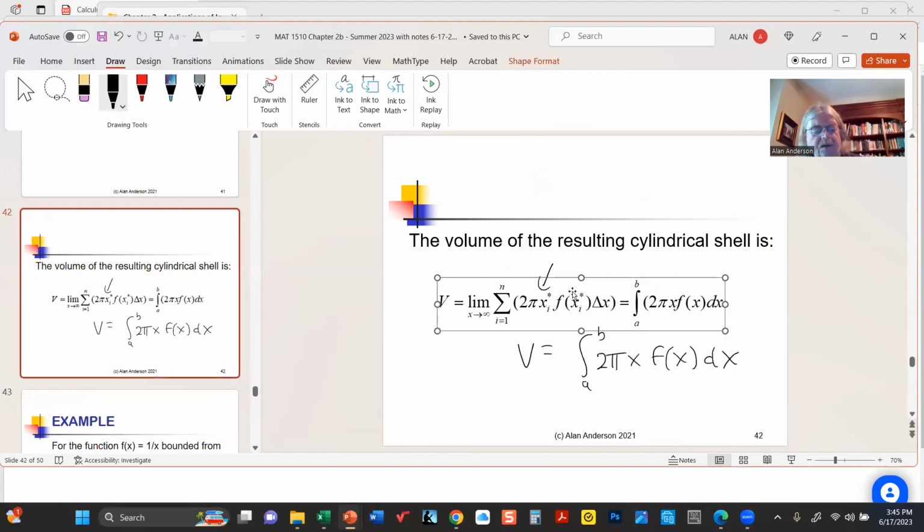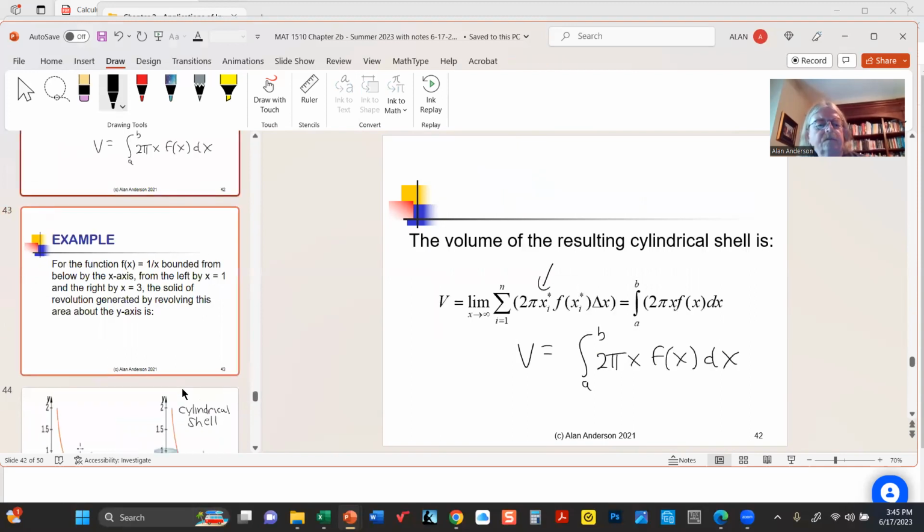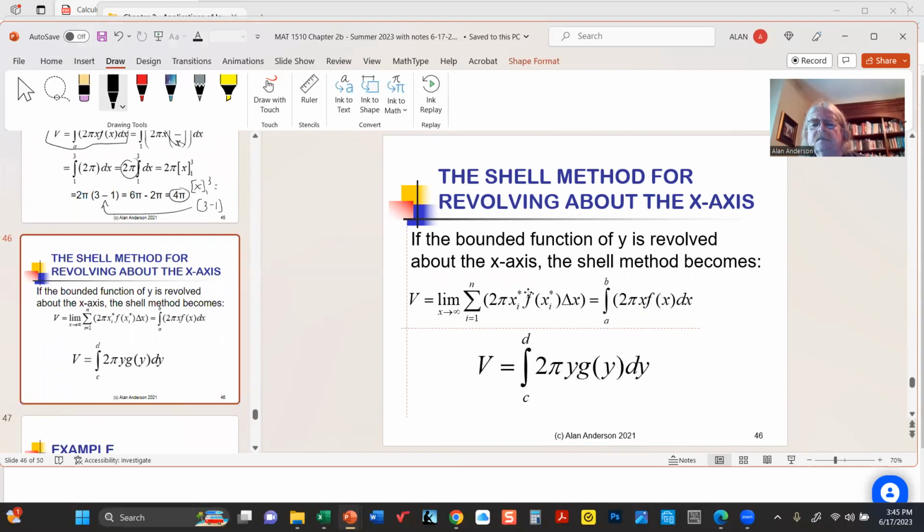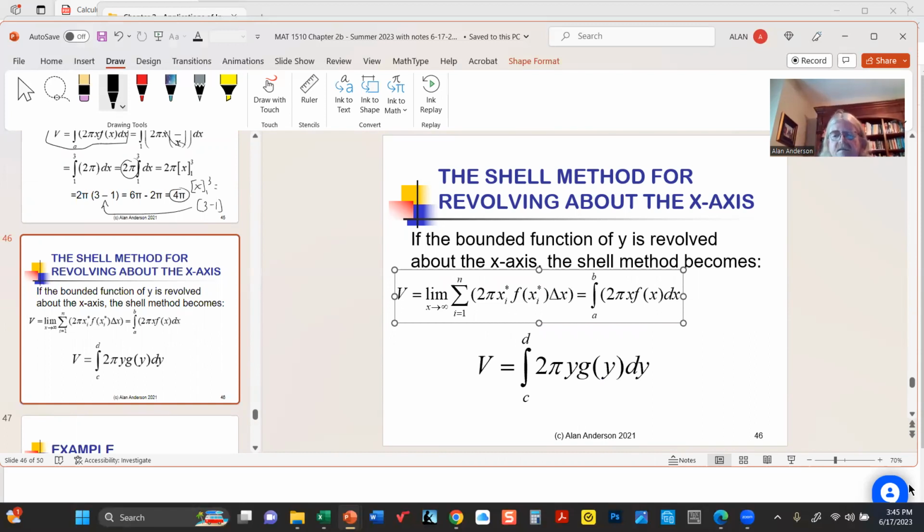Let me just copy this in here. The only thing that's different is, well, there's a few differences. This is y and g of y and dy instead of x, f of x and dx. Okay, and of course, these intervals will be different too.